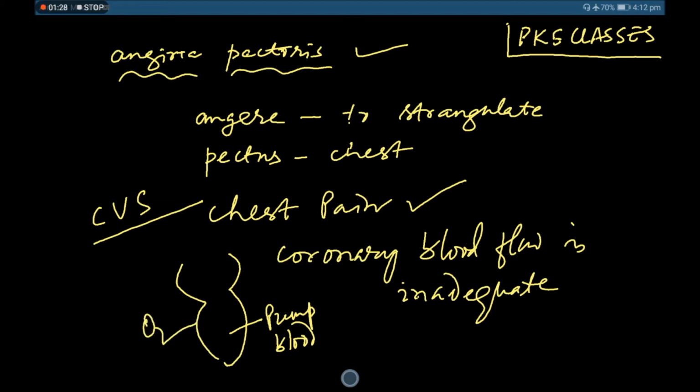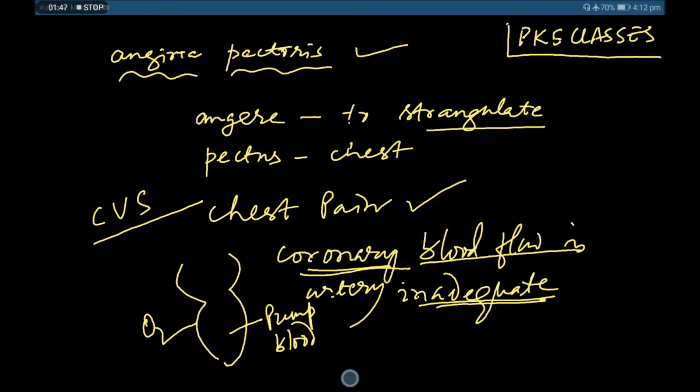The coronary artery supplies oxygen to the heart, and if the coronary blood flow is inadequate, then the heart does not get sufficient oxygen, it starts strangulating and there is chest pain, and that condition is called angina pectoris.